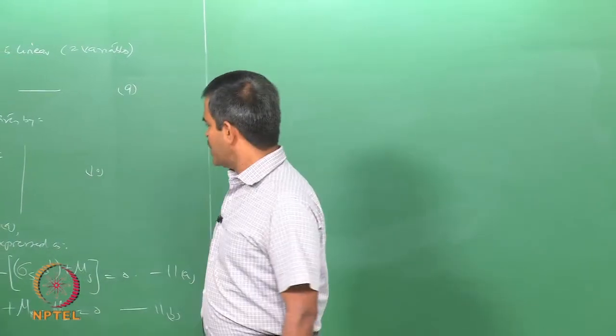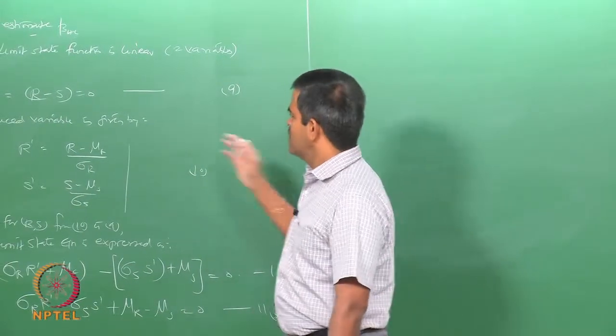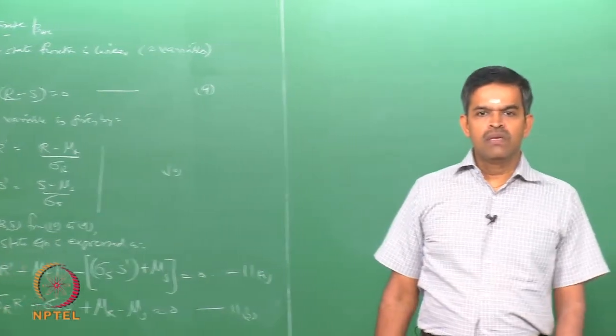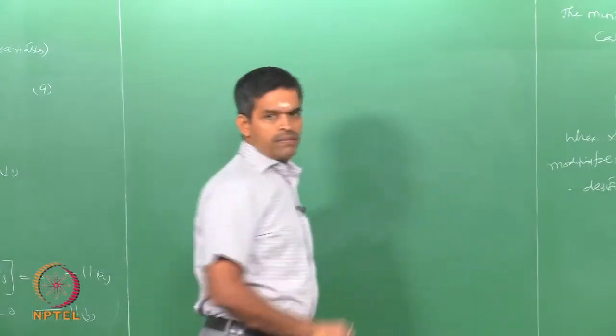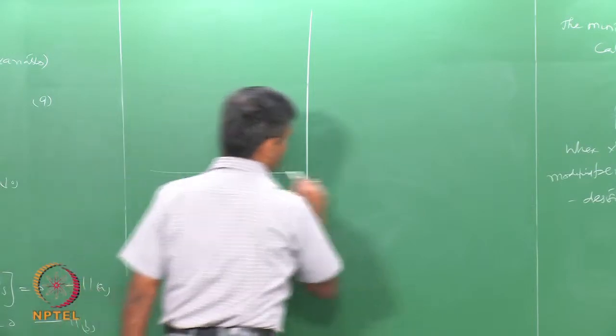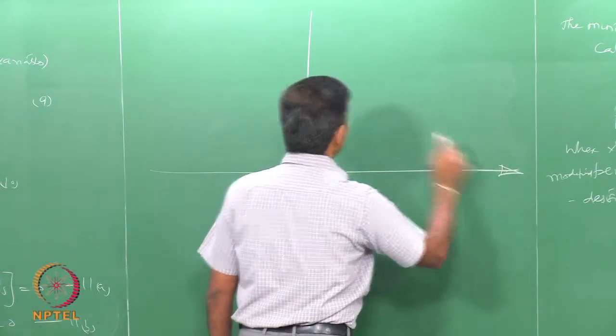Now, in the space of reduced variables r prime and s prime, or on the other hand z prime, the limit state function can now be plotted. So, I can see the plot here. I am now plotting it on the reduced variable.